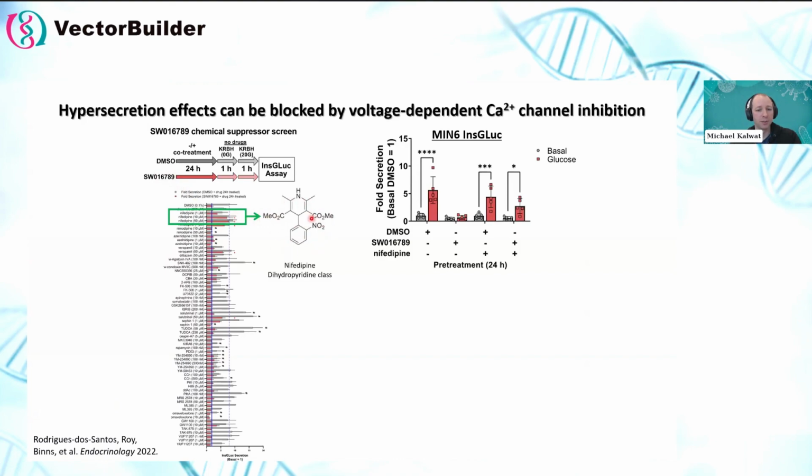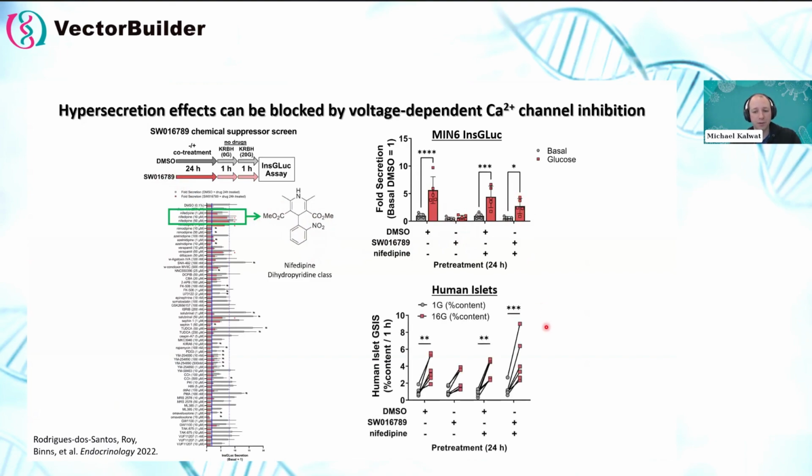And this one I'm showing you is Nifedipine. If you give the cells the hypersecretion compound overnight, you can see they lost their ability to secrete insulin. Whereas if you co-treat with Nifedipine, you're able to protect some of that response. And we found that this was also consistent in human islets under the same conditions, suggesting the pathway is conserved in mouse and human beta cells.